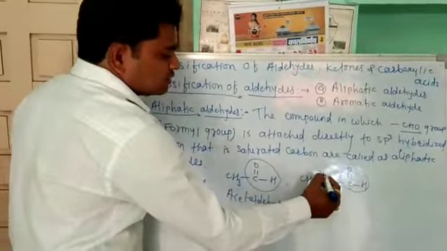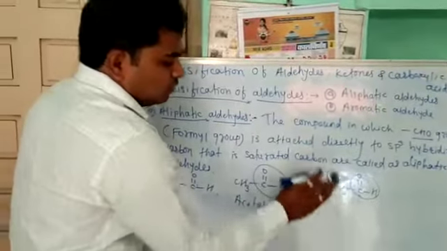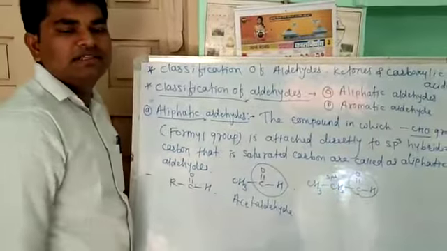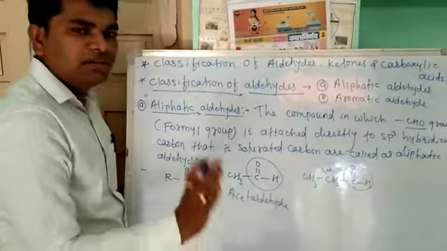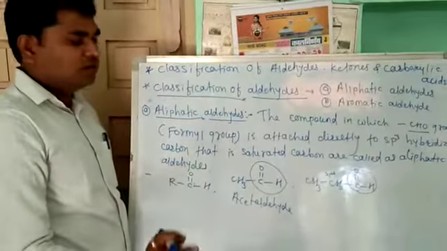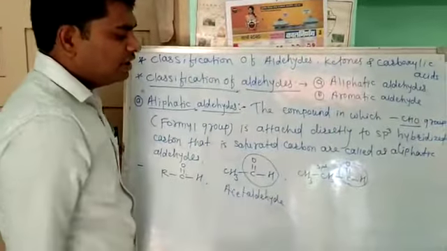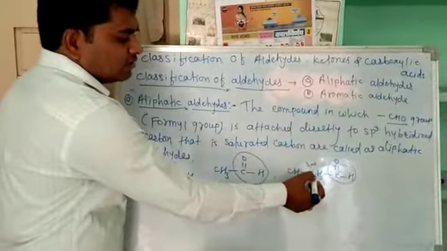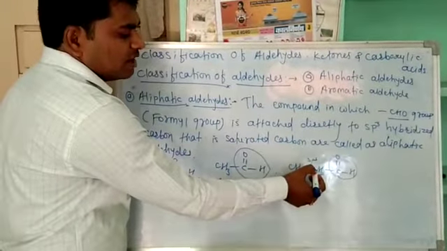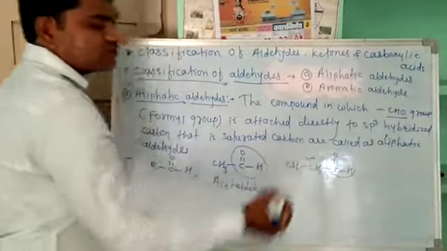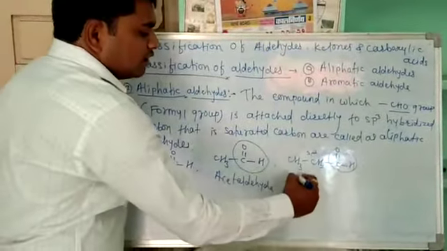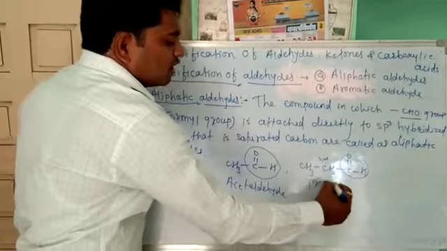We know every singly bonded carbon atom is sp3 hybridized, every doubly bonded carbon atom is sp2 hybridized, and every triply bonded carbon atom is sp hybridized. In this example, this carbon atom is sp3 hybridized and the formyl group is attached to it. That's why this is an example of aliphatic aldehyde. The name of this compound is propionaldehyde.